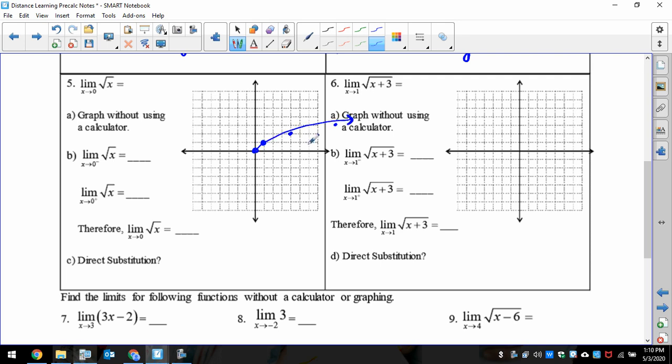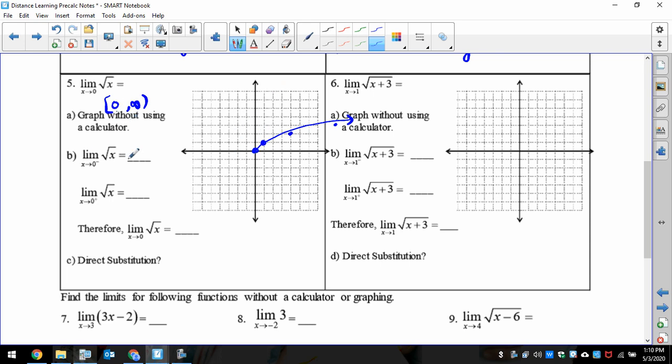So now, the domain of the square root graph, if you recall, is from 0 to infinity, just like that. So here, if we're considering an edge case on the domain, then it only has a valid one-sided limit.